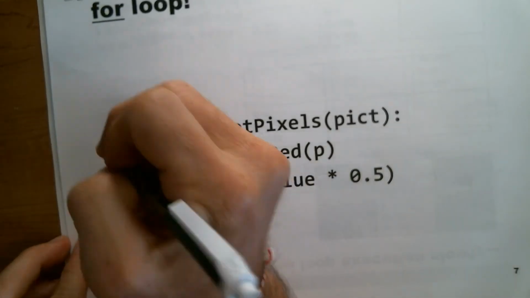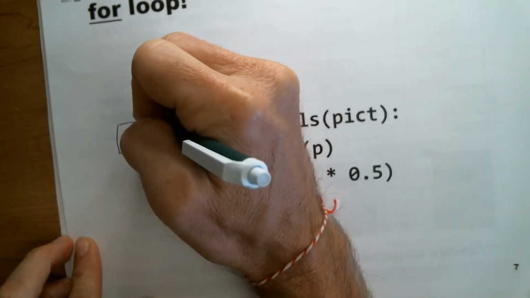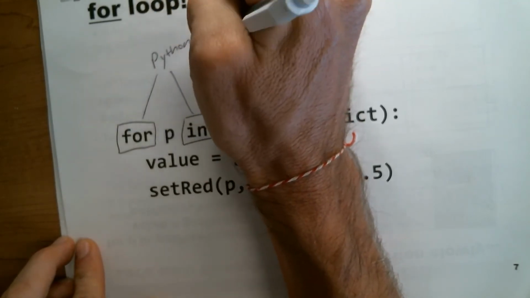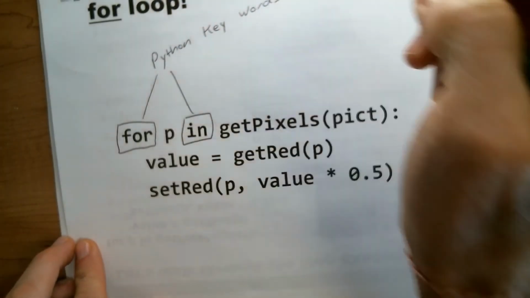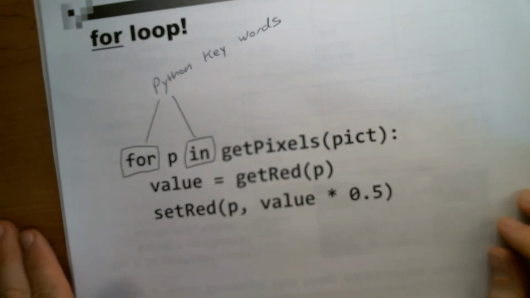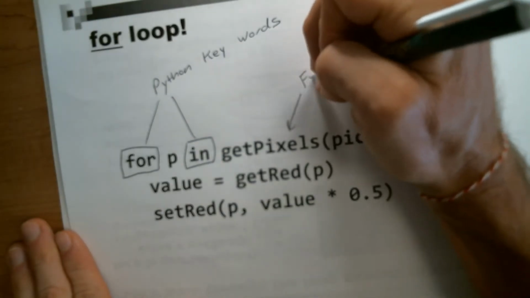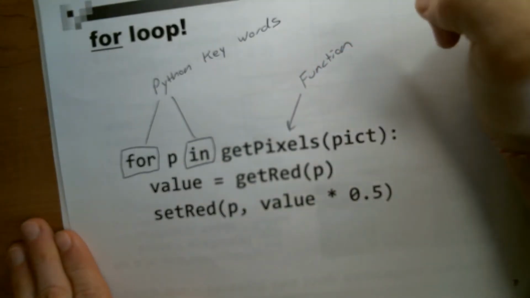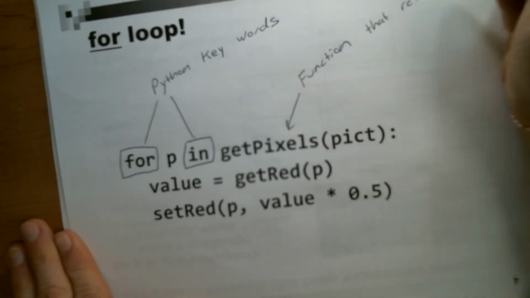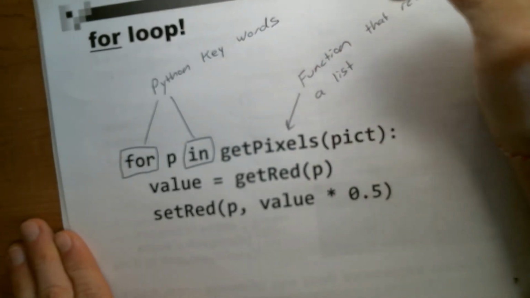All right, so for and in, these are both Python keywords that we use when we're setting up a for loop. GetPixels is a function that returns, so that's like the answer that it gives back, a list, and a list is a data object that we're going to talk about later in the year.